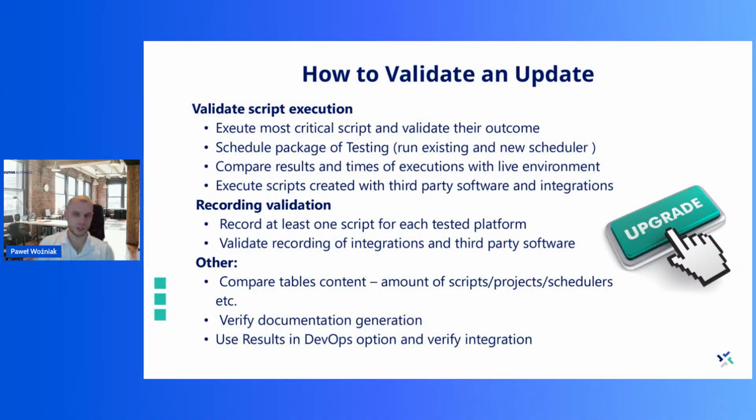So the amount of scripts, projects, schedulers, number sequences, global variables, everything should stay the same. If you see that something disappeared, something is not showing, then you should also contact us immediately, because it means that something didn't work with the update, with the migrations.